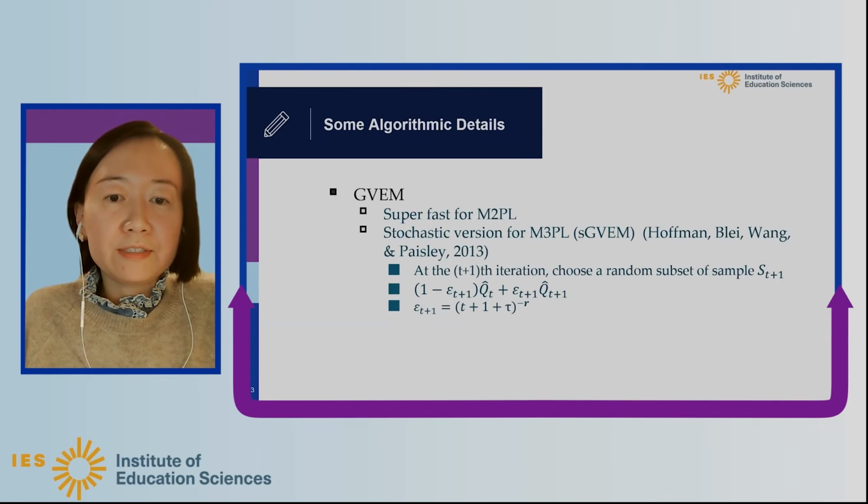And here are a little bit of algorithmic details under the hood. The Gaussian variational EM algorithm is super fast for the 2PL model. But for the 3PL model, it tends to be slow. So we use a stochastic version instead.